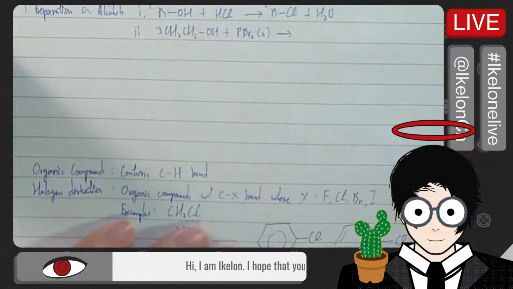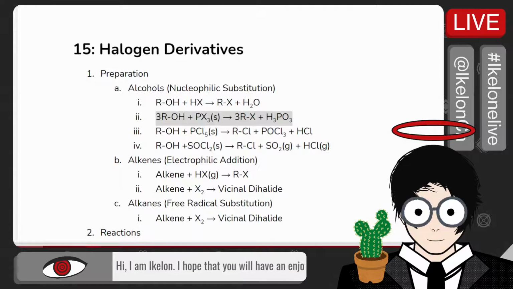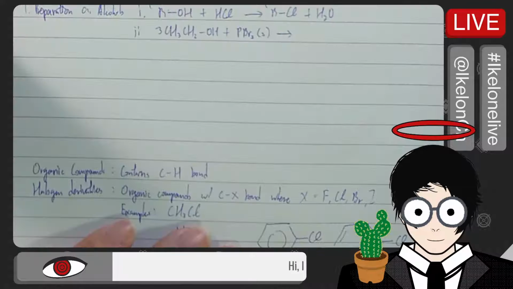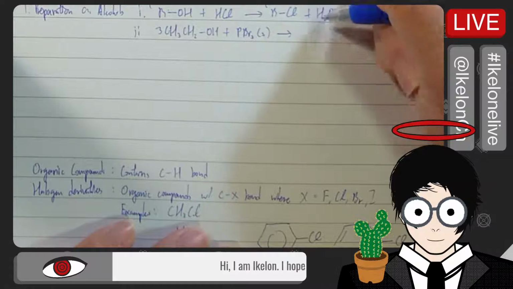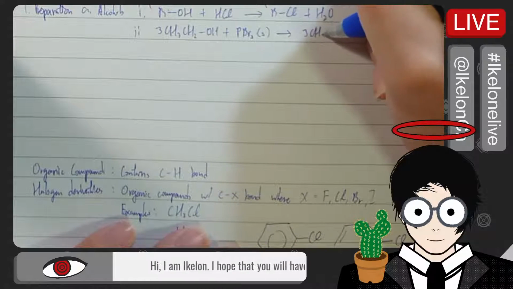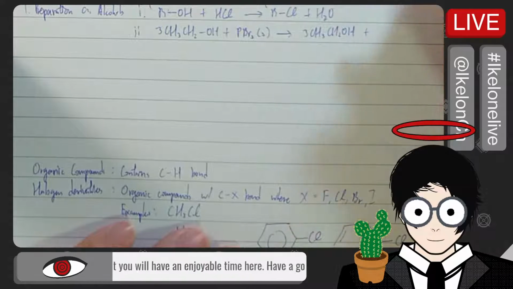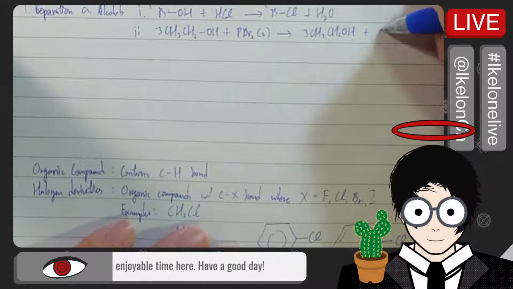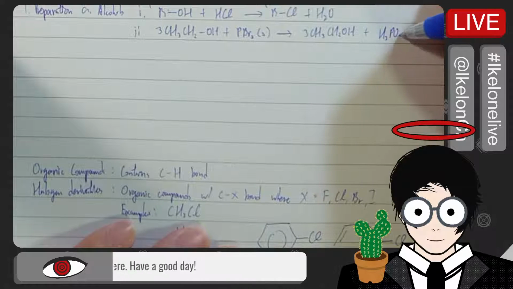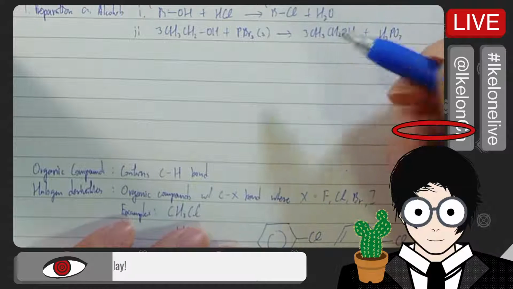So if you go back to our thing, you get 3 halogen derivatives and hydrogen, I don't know what it's called, but you get that. So you get 3 CH3CH2OH plus H3PO3.